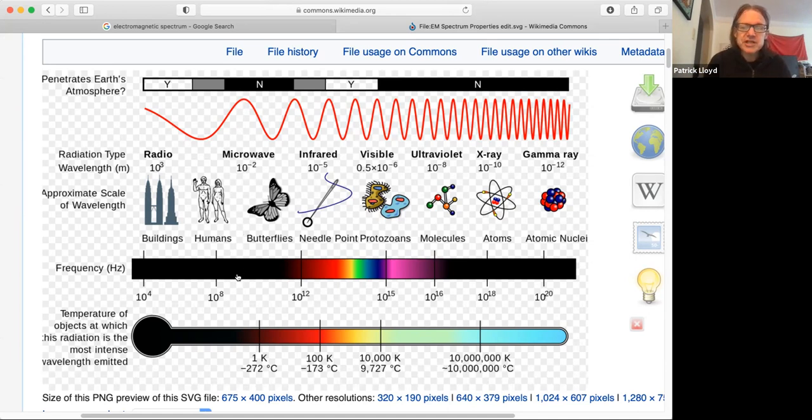So the frequency is getting larger. Look what happened to the frequency. We went from 10,000 to 100 million. Okay. Now, temperature is still very cold. Go up to infrared, right? So now infrared, the wave is getting shorter. So now it's pretty small.